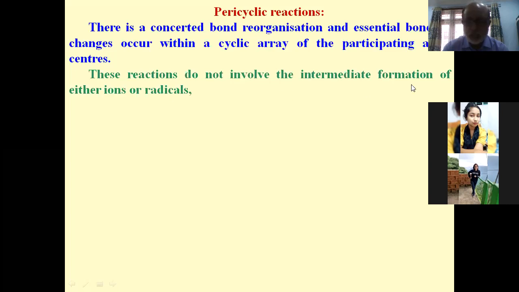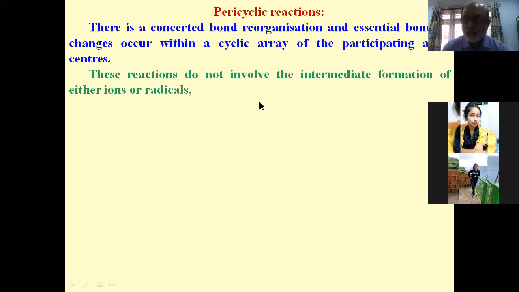So this is another important point. It is a concerted mechanism, that means simultaneously bond breaking and bond formation take place, and it does not have any intermediate. There is a cyclic transition state, and there is no intermediate formation, either radical or ion.